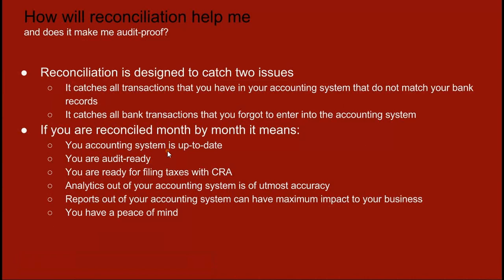Or you put it into your accounting software, but you still have not deposited it into your bank. Okay, there's only one of two things that can happen. Either it's an outstanding deposit, just like we looked at in the previous document. So this is pretty much what it is. It's either an outstanding deposit or it's an outstanding check. Where either the accounting system knows more and the bank doesn't, or the other way around.